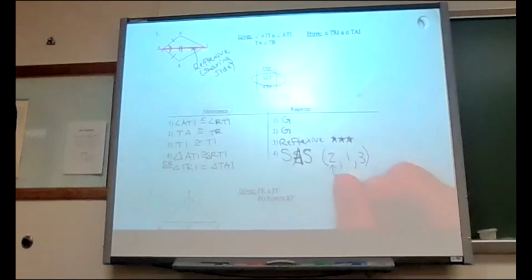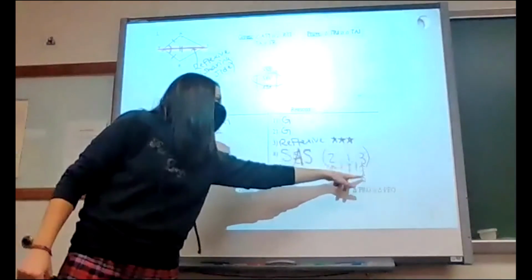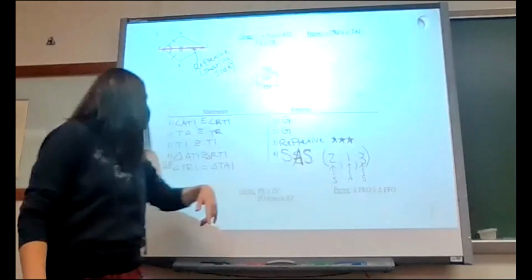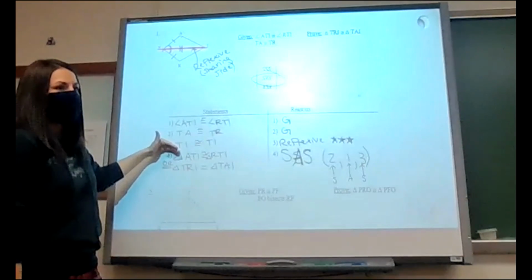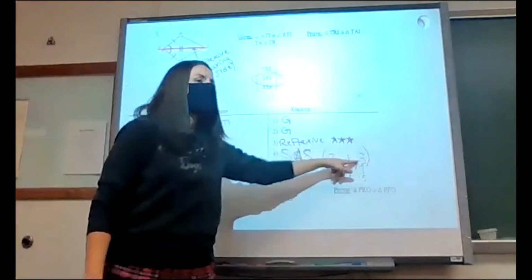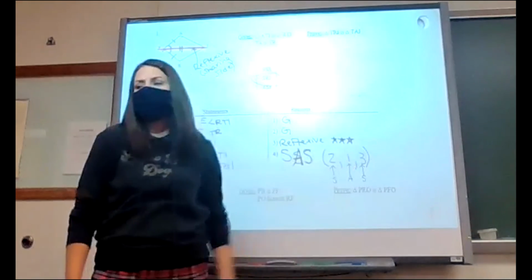So step 2 has a side, step 1 has an angle, step 3 has a side. So side, angle, side, matching with side, angle, side here. Okay, so you'll see that notation when you look at copies of notes at the end of the week. That's what that is.